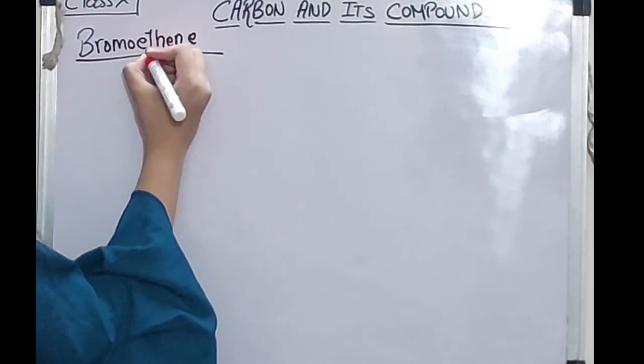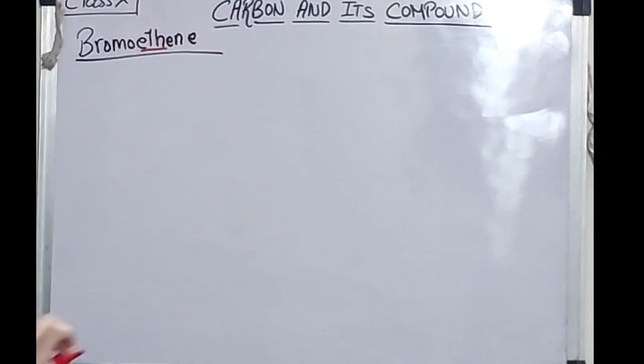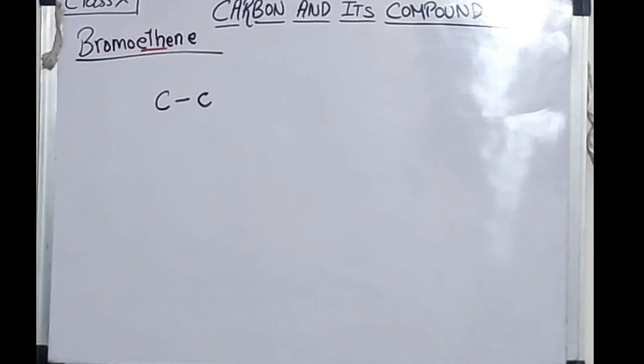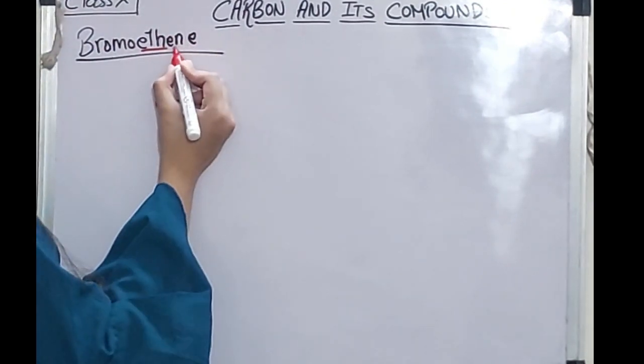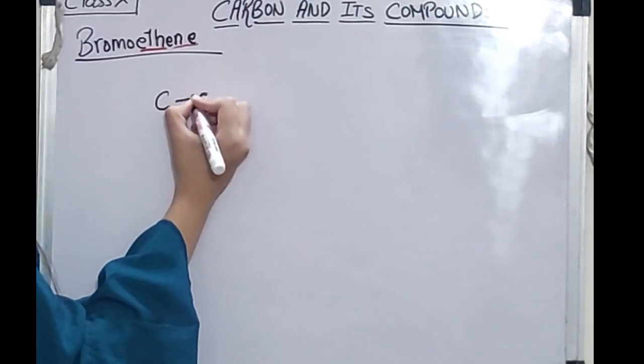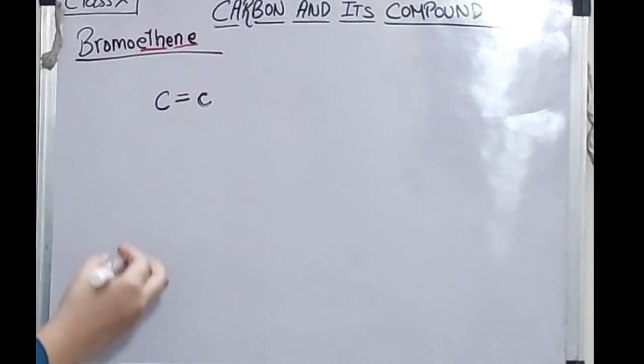Bromo is a prefix, so first, eth. Eth means 2 carbon. Now, ene means double covalent bond. So this and this.